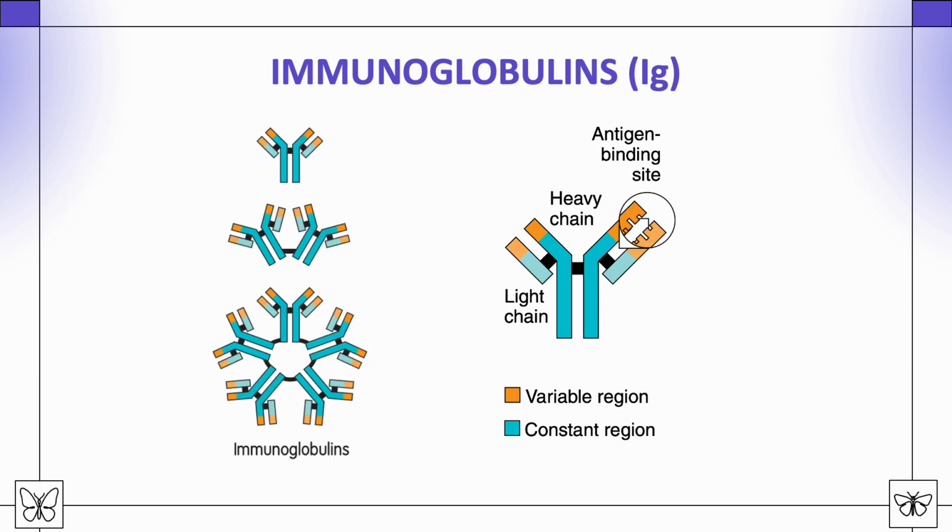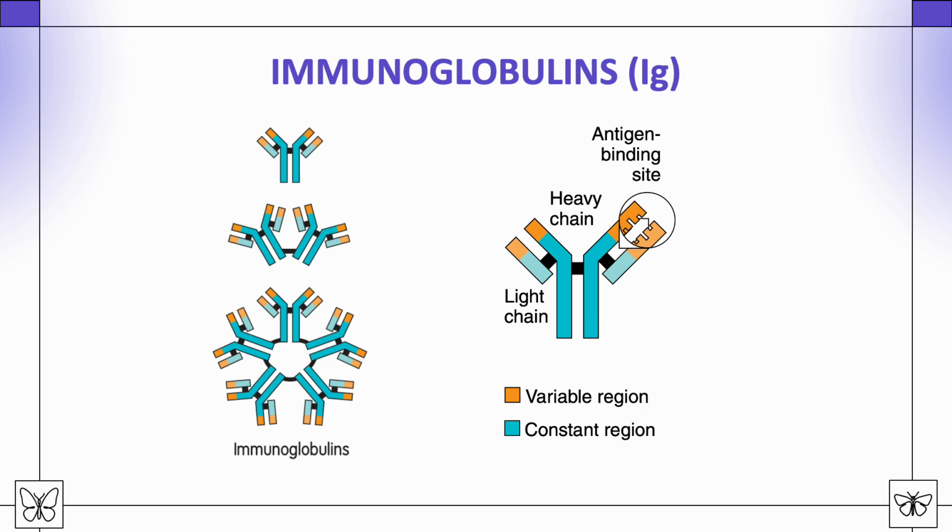An immunoglobulin is made up of two heavy chains and two light chains, as we have seen from the previous slide, and the variable region, which differs from one to another, allows an antibody to recognize its matching antigen. That is what makes the antigen and the immunoglobulin like a lock and key.